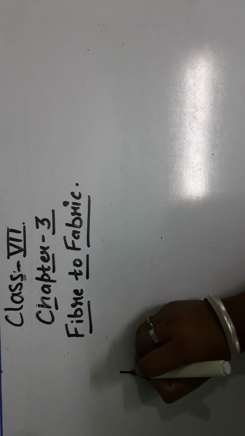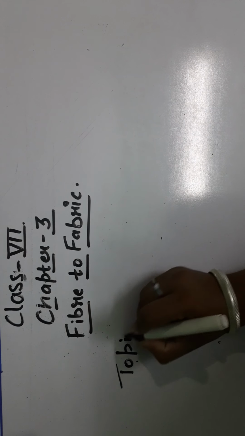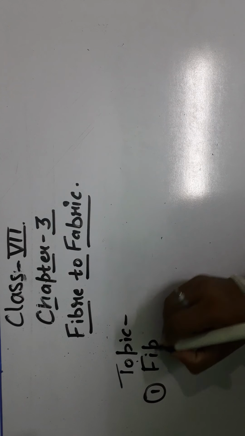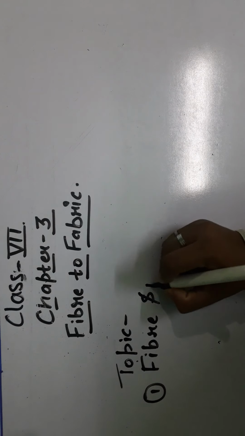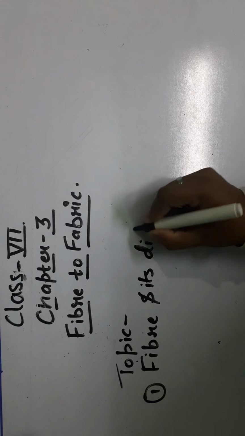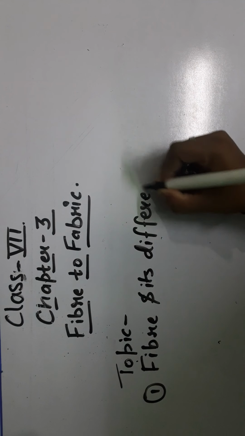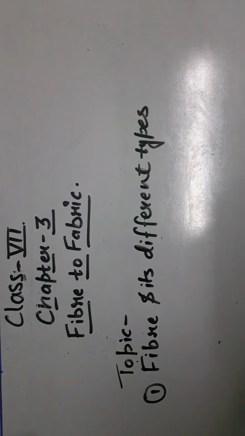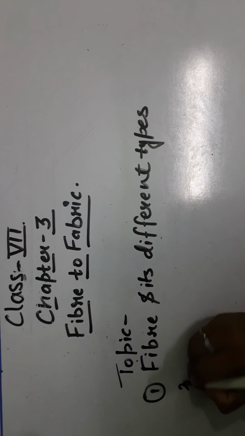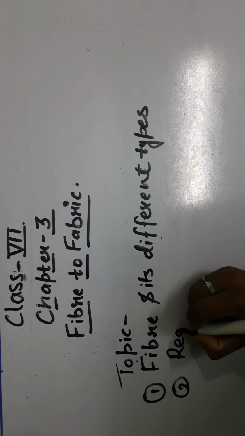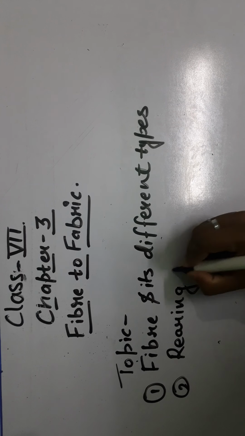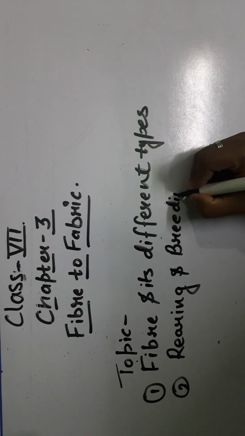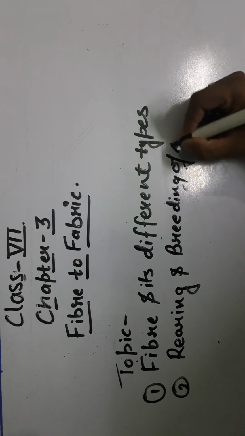The topics which will be covered in this chapter are: first, fiber and its different types. Second, rearing and breeding of sheep.